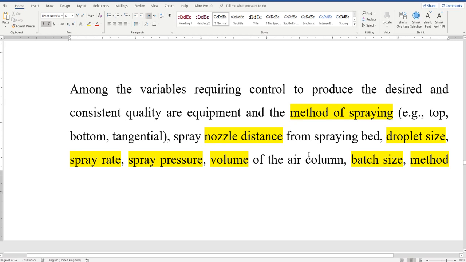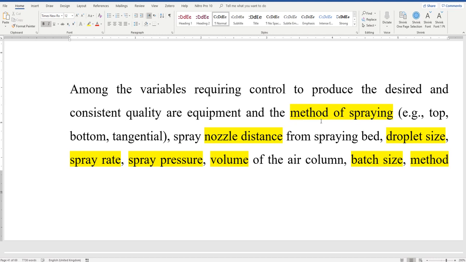Of course, in the spraying method you have to control several parameters, such as what equipment I want to use and what the method of spraying is. Is it top, tangent, or bottom? What is the distance of the spraying nozzle from the tablets?